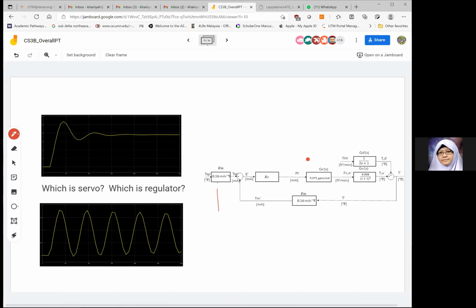So this is from your tutorial. This is an example. Let's say you have calculated Gp, the process transfer function. You have the disturbance.